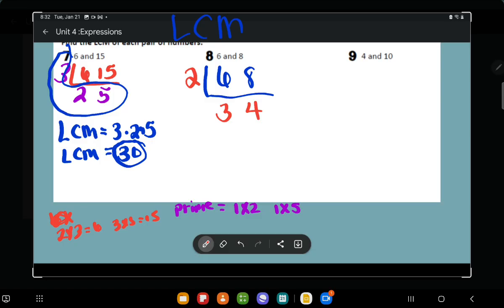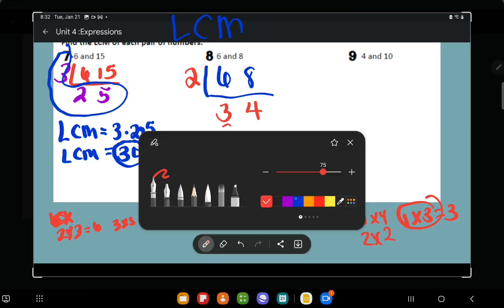From my last example, I know that 4 is not prime because 1 times 4 is 4 and 2 times 2 is 4. There are multiple ways to make 4, so 4 is not prime. But there's only one way to make 3, which is 1 times 3, so 3 is a prime number. That means I can stop as soon as I get a prime number.